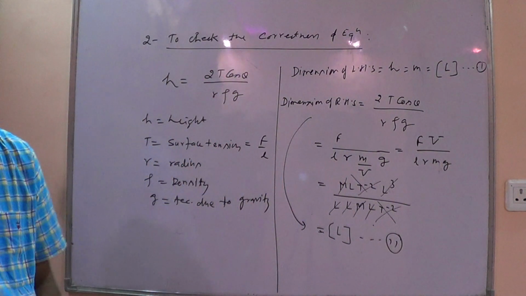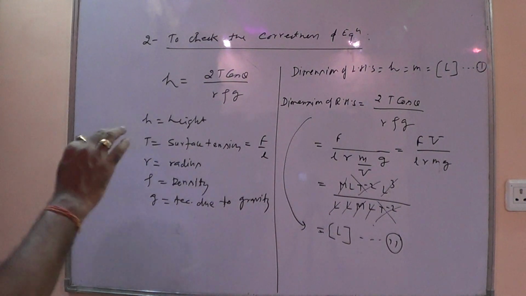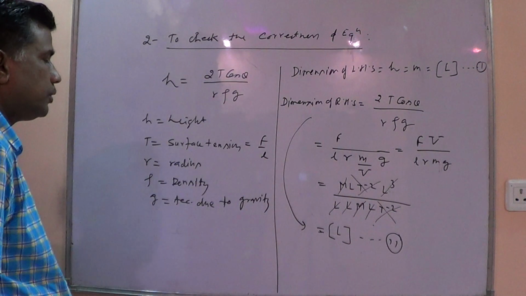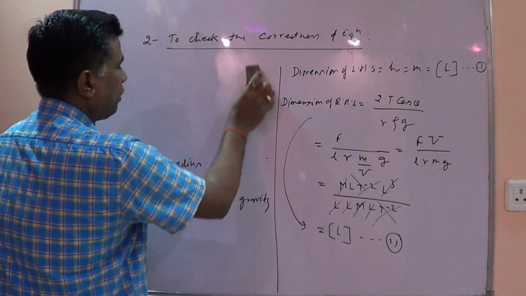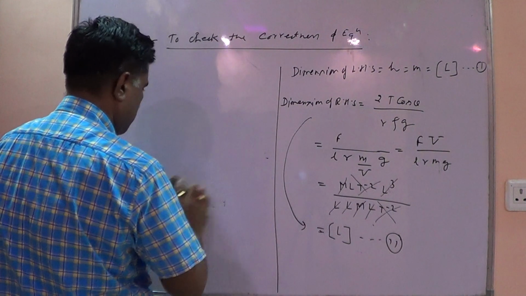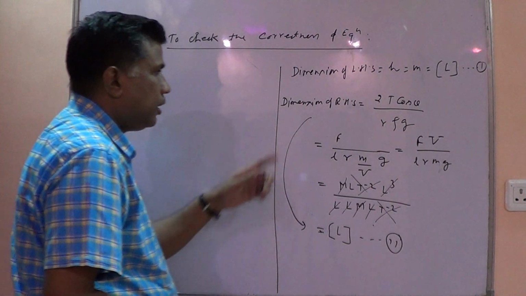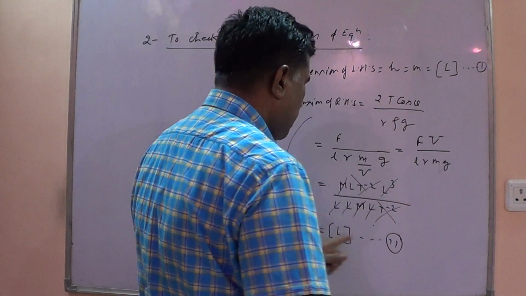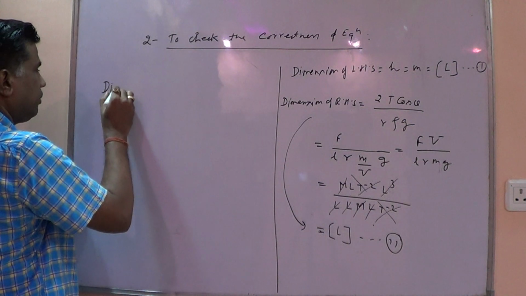Student, please write it. When I am saying write it, pause my video and write. So we can write dimension of left hand side equal to dimension of right hand side.